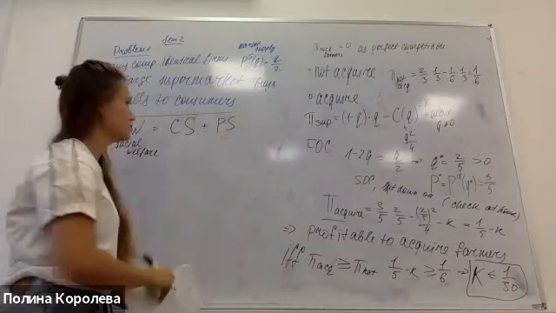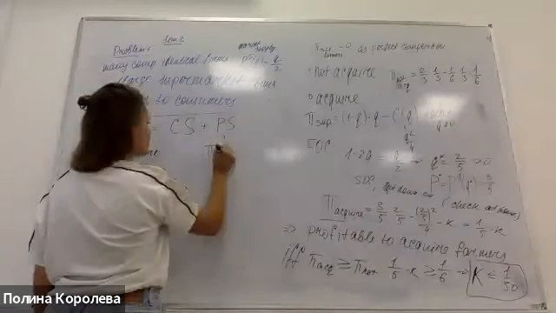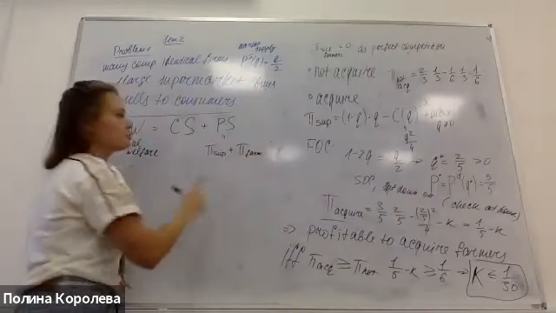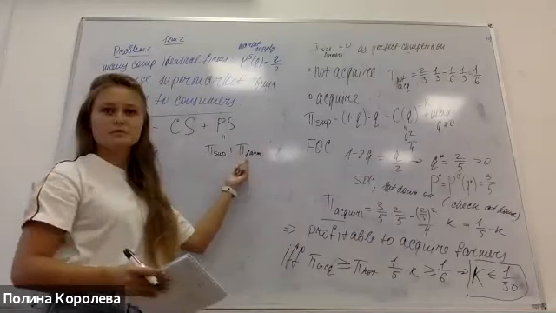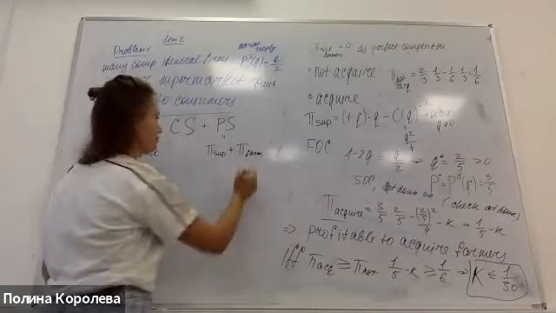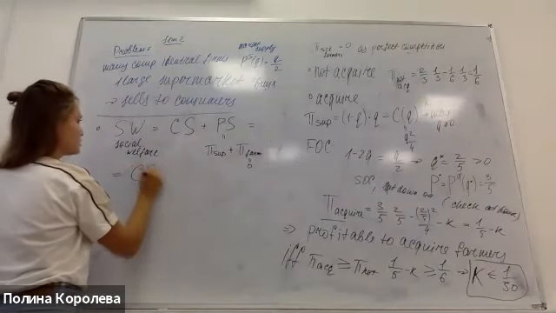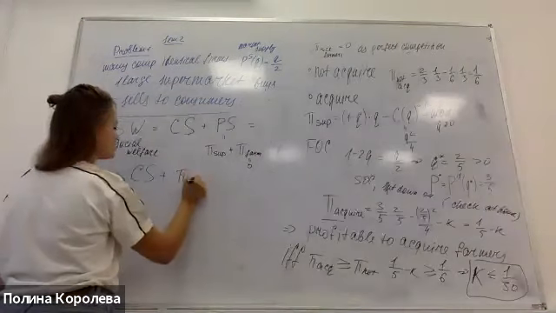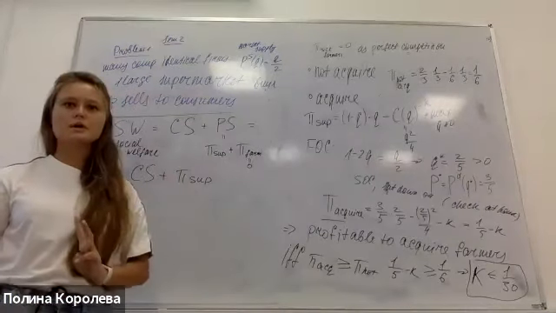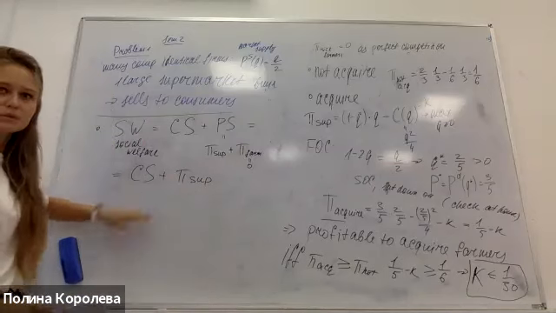This is the profit of the supermarket plus the profit of farmers. But what do we know about the profit of farmers? They are perfectly competitive, so their profit is 0. So we can write down that this is consumer surplus plus the profit of the supermarket. About the profit of the supermarket in 2 situations, we know everything. Yes, we counted it.